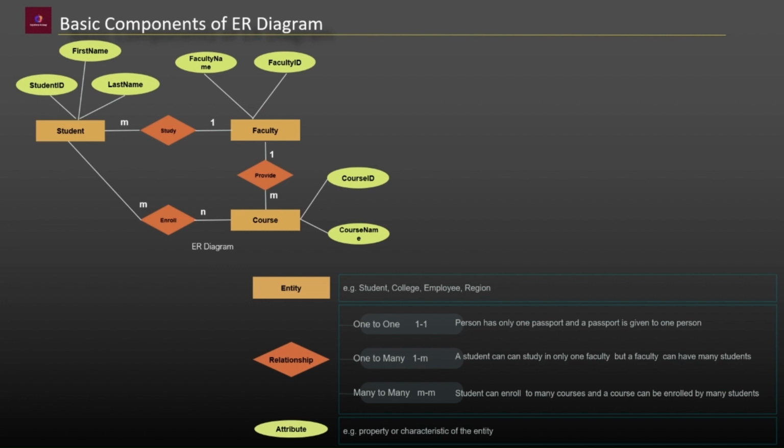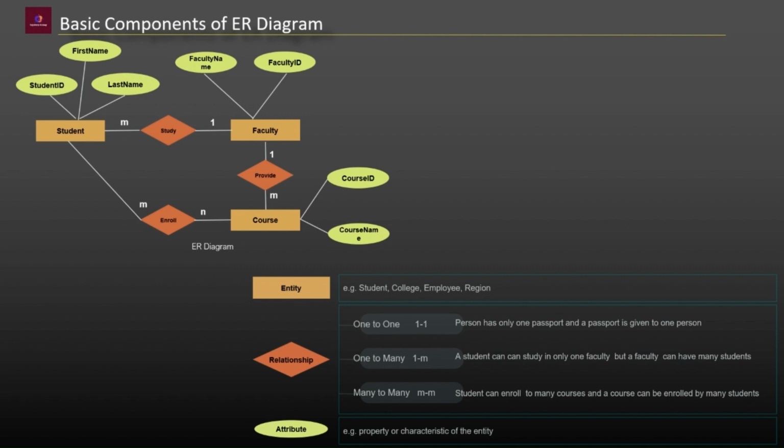We can assume them as nouns. For example, students, courses, employees, projects, and faculty are all main components of an ER diagram. When we consider the database, entities are converted to physical tables.